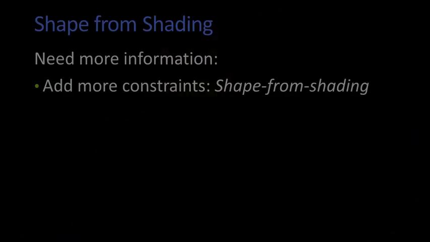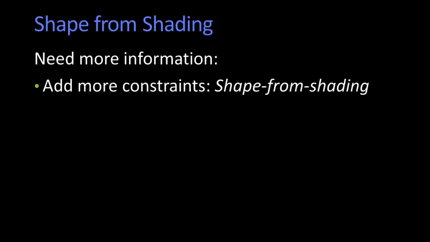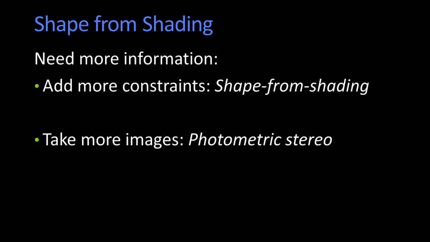In fact, there are two standard moves to make: one that doesn't really work and one that does. The one that doesn't really work, which we'll talk about in just a minute, is traditional shape from shading, where we add some additional constraints. The one that does work is you actually take more images with different light sources illuminated, and that's called photometric stereo. That has some real applicability.